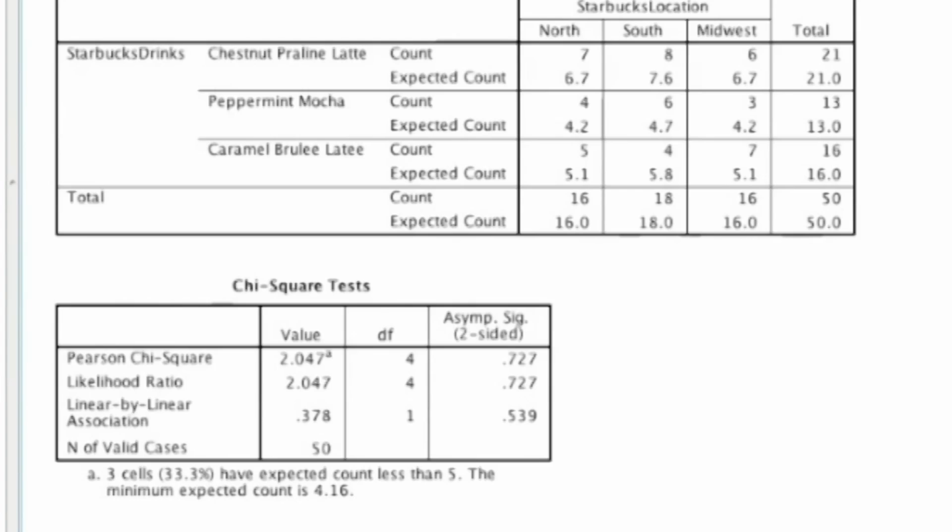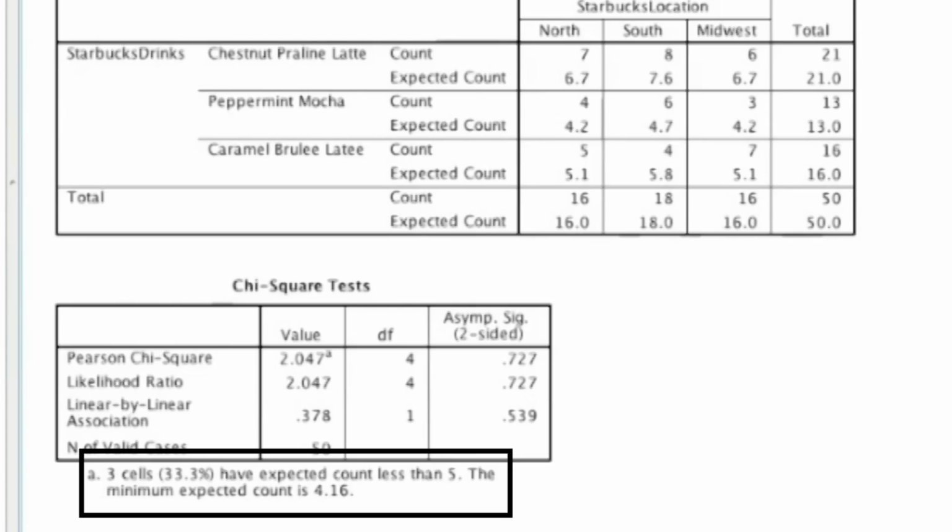And in fact, if you look at the notes in the chi-square test right underneath that table, it'll actually tell you how many cells don't have at least a count of 5. And it says 3. So technically, this assumption is violated for this data. However, since it's a fake data set, I'm not all too worried about it.